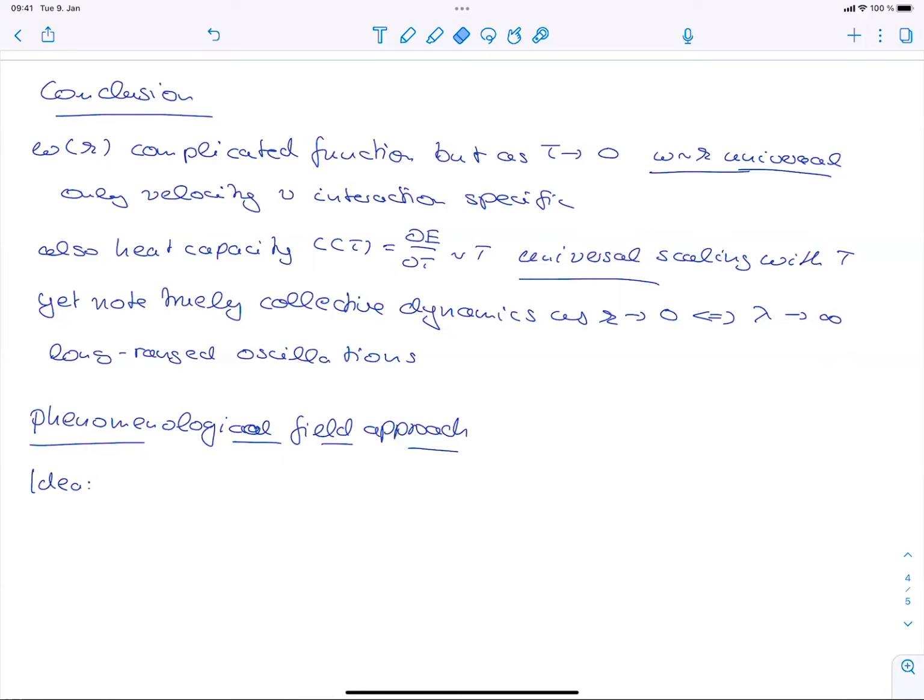Because at low temperatures, where we have the universal behavior, we have long wavelength modes, so the deformations that are governing the system are actually much longer than the lattice spacing. So this lambda is going to infinity, whereas my lattice spacing a is small. And so if I want to describe these long-range deformations, it's on a very different scale than the lattice spacing, and I can average over the lattice spacing.